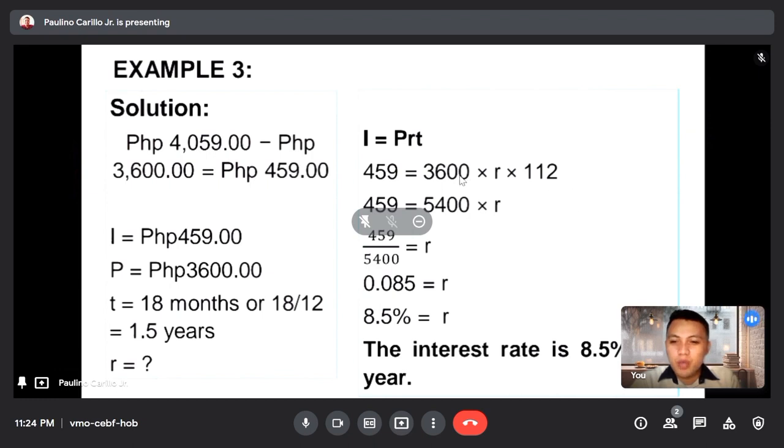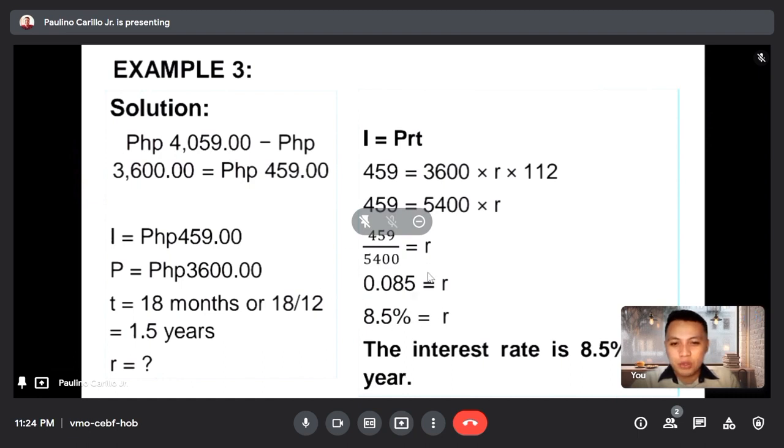It should be 1.5, because this is our time, converted earlier. So therefore, 1.5 times 3,600 equals 5,400. To solve for R, let's divide both sides by 5,400. And using our magic calculator, we will get the value of 0.085.